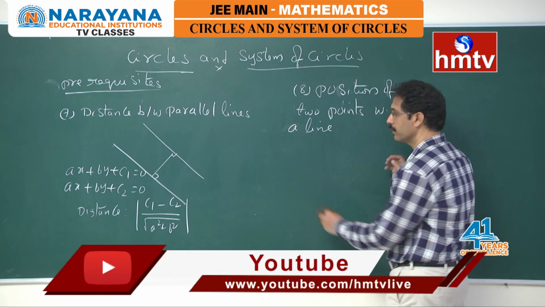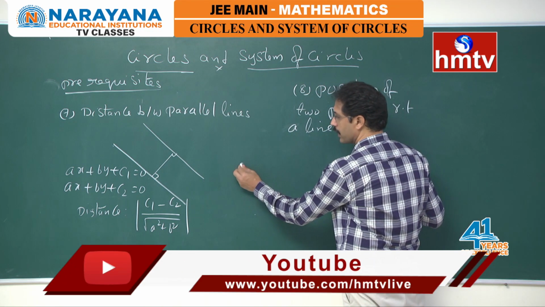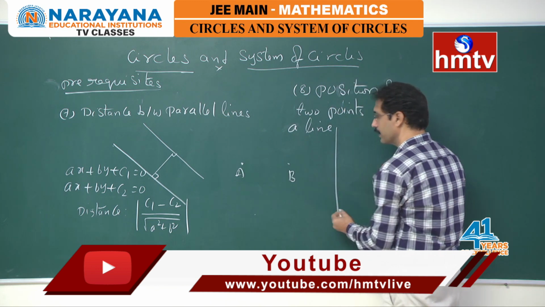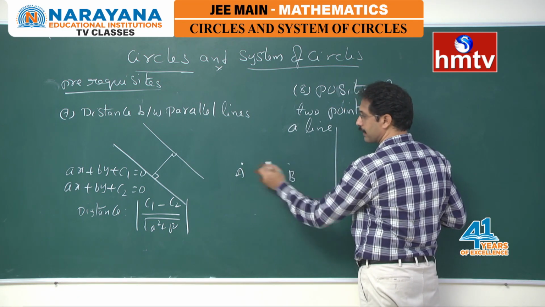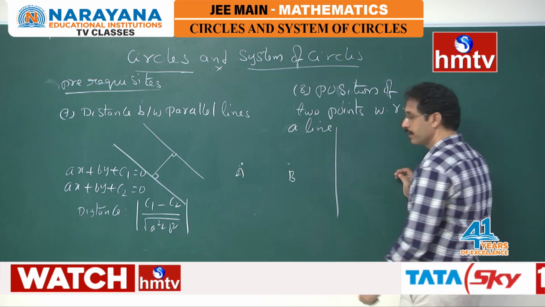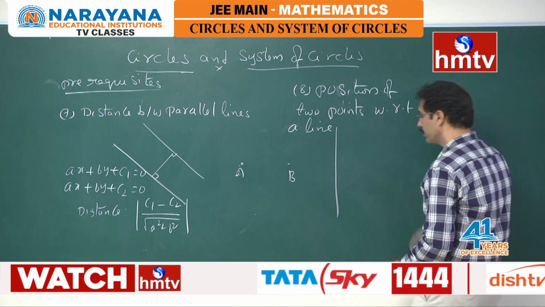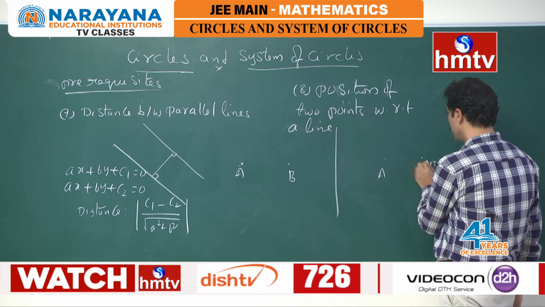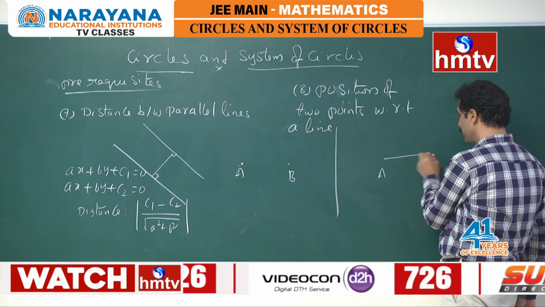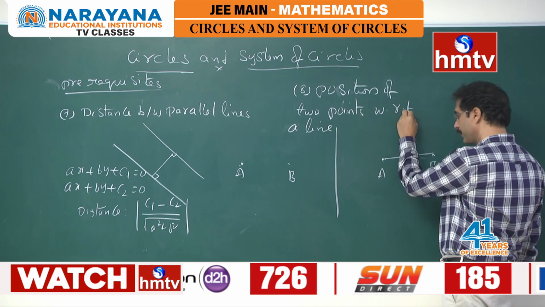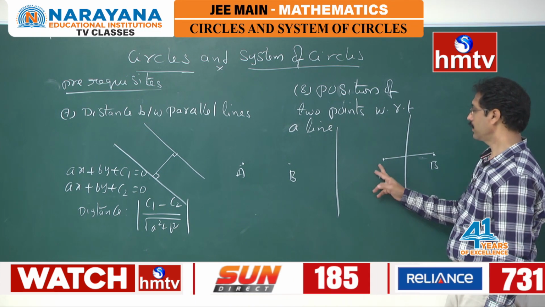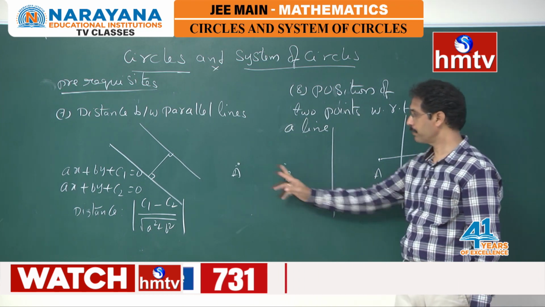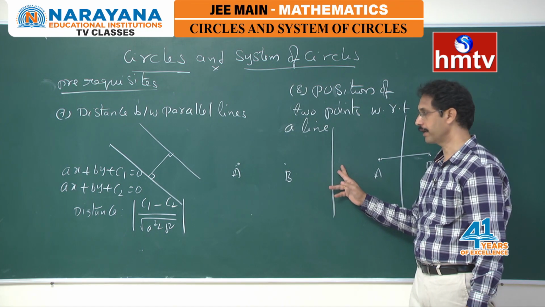For example, if I take 2 points A and B here, and draw a line, see, these 2 points lie on the same side of the straight line. Or here, if I take A and B like this, and join them, you will get a line. Now, if I take a line, see, A and B lie on opposite sides of the straight line. Here A and B lie on the same side of the straight line.